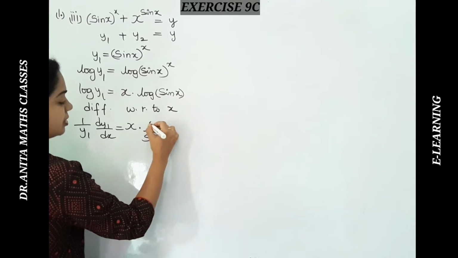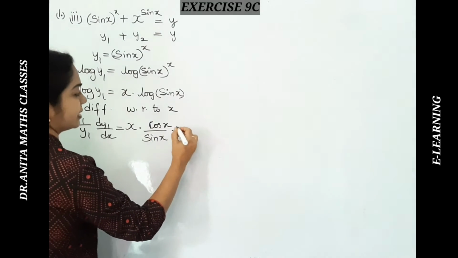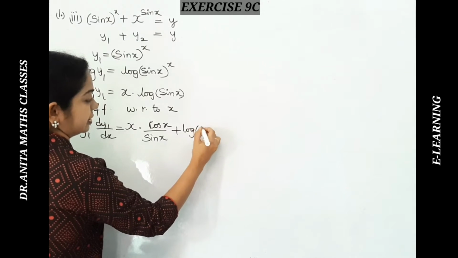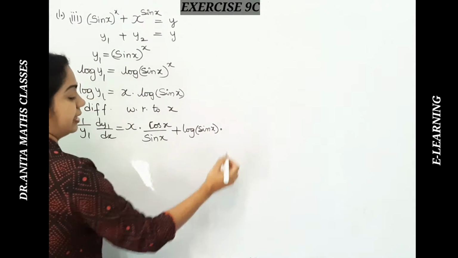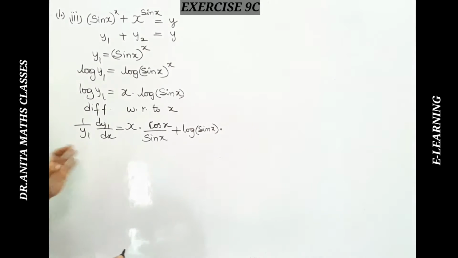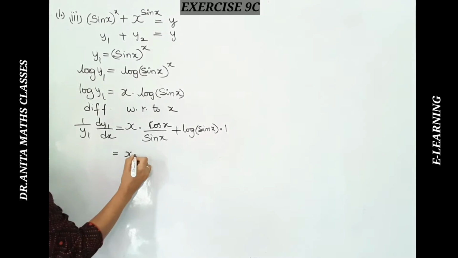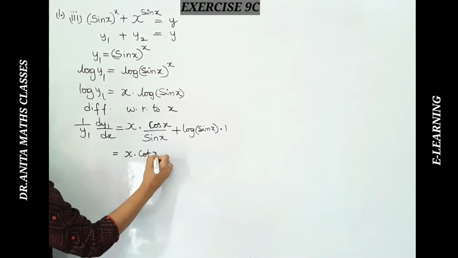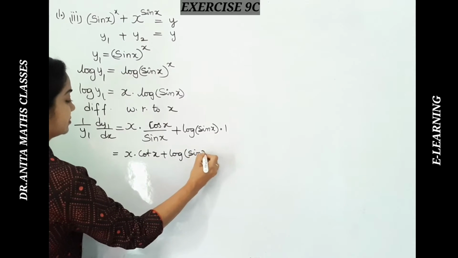Differentiation of sin x is cos x, so I'll write it above. And plus log of sin x, that is v, multiplied by u dash. Differentiation of x is dx upon dx, just 1. So that means here x cot x plus log of sin x.